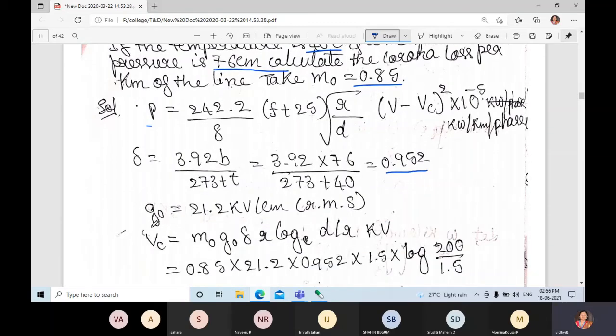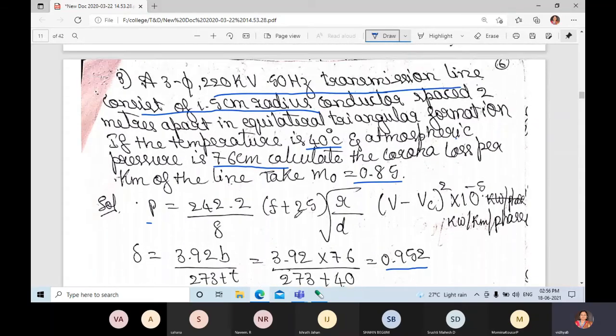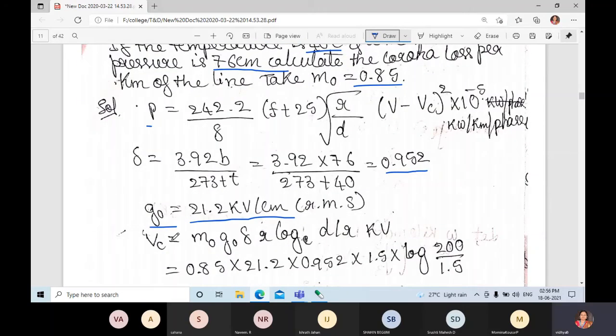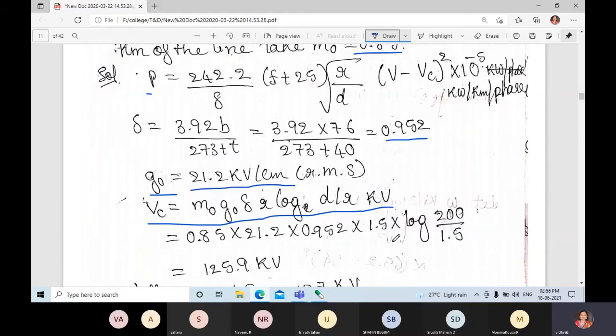What about G naught? G naught is equal to 21.2 kilovolt per centimeter, that is the RMS value. Next, Vc is equal to m naught G naught delta R log D by R in kV.